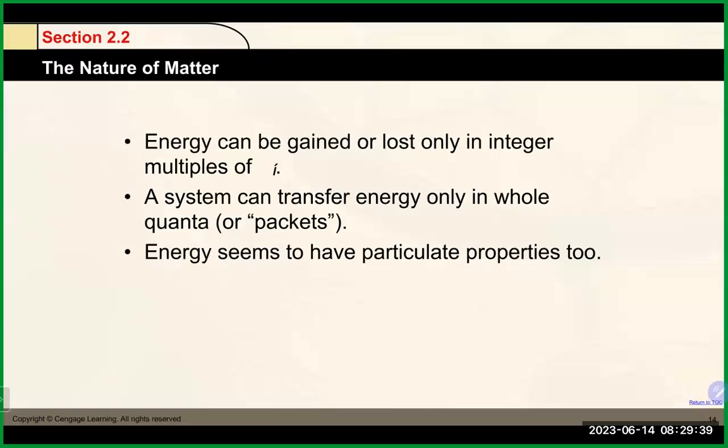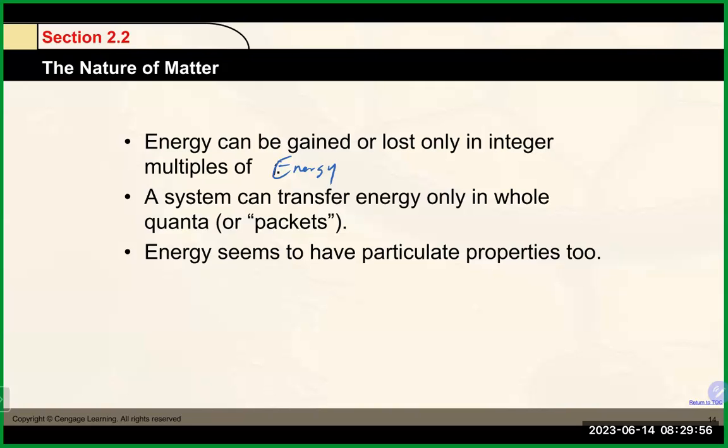All right. So energy can be gained and only lost in certain multiples of energy, I think is what that probably should say. And that is sometimes referred to as the idea of a quanta of energy.